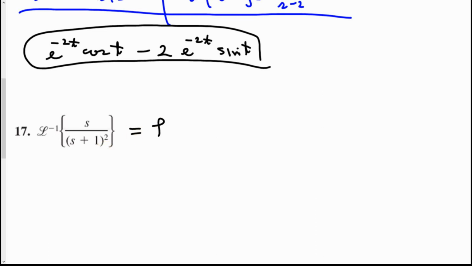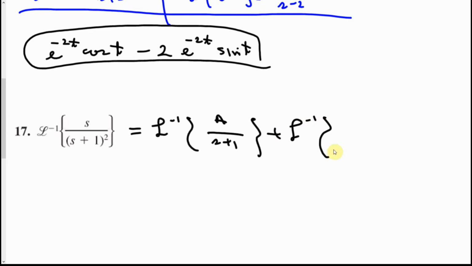So this looks like the inverse transform of some A over (s plus 1) plus the inverse transform of B over (s plus 1) squared. The s, again, throws us off.